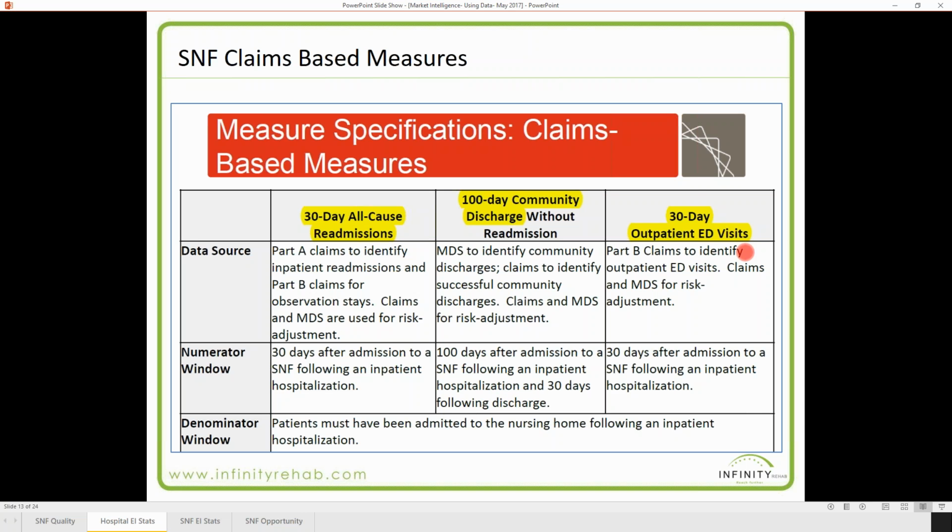So as you can see, the theme here is that Medicare is expanding the mindset of we are going to hold you accountable to delivering an outcome after a patient has left your building, whether you're in a hospital or a SNF.